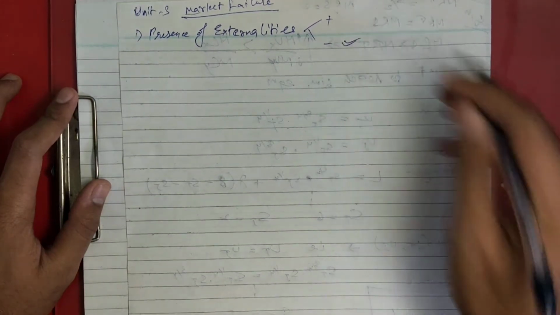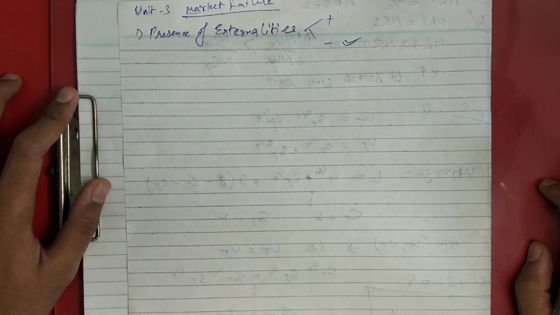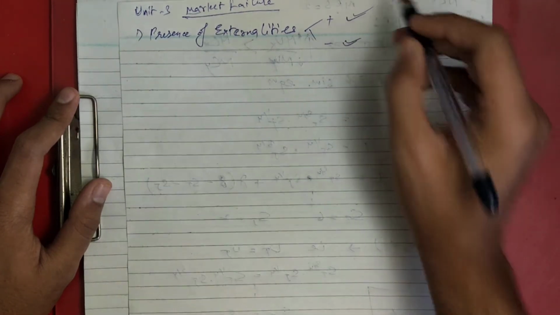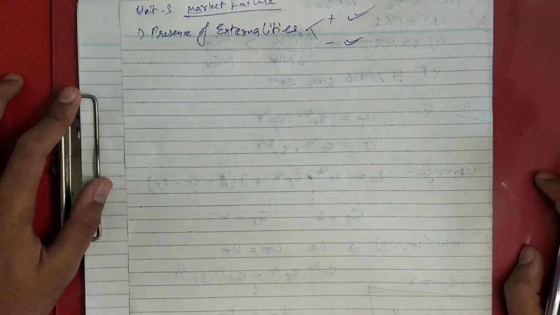Negative one. Similarly, when an action of an economic agent creates benefit for others for which no payment is received, it is the case of positive externality. So the term externality refers to both external cost and external benefit.